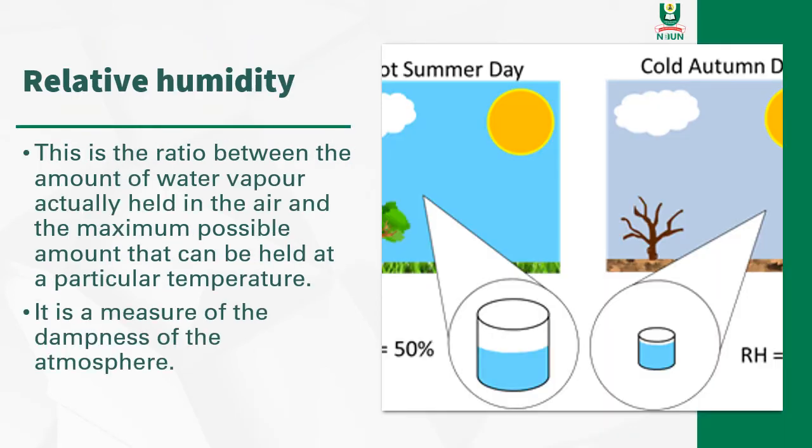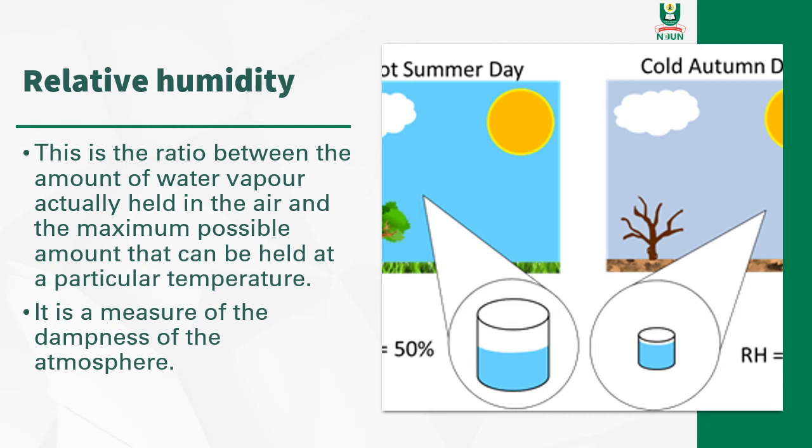Relative humidity is another important part of the climatic factors, and relative humidity talks about the ratio between the amount of water vapor actually held in the air and the maximum possible amount that can be held at a particular temperature. So we are talking about water vapor, that is relative humidity, how much can be held in the air at a particular temperature.